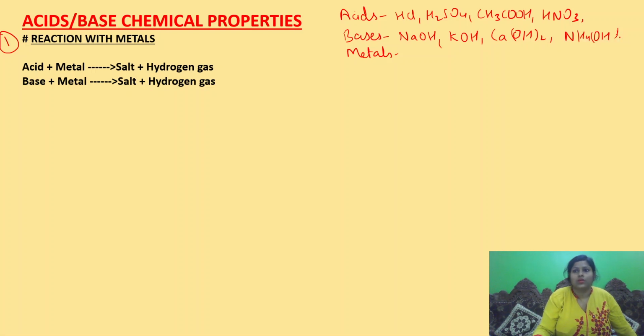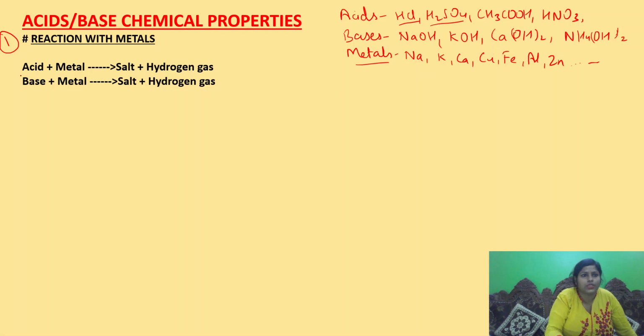Now you know that there are some more acids like HCl and H2SO4. We will react these acids with the metals. So I am writing some names of the metals like sodium, potassium, calcium, copper, iron, aluminium, zinc. These are all what? Metals. You can write many metals from the periodic table.